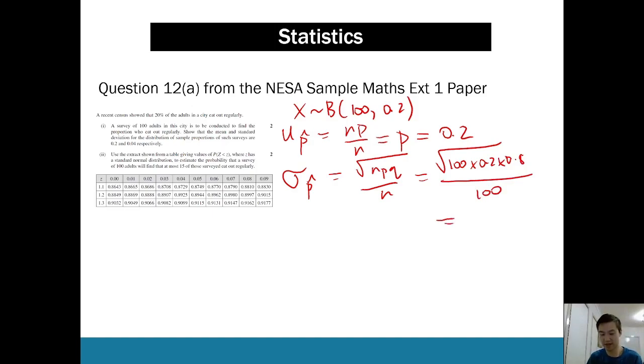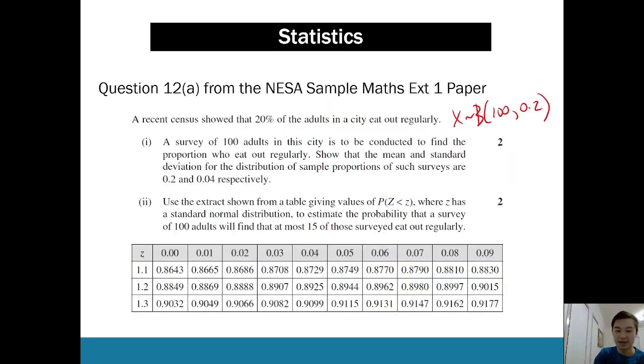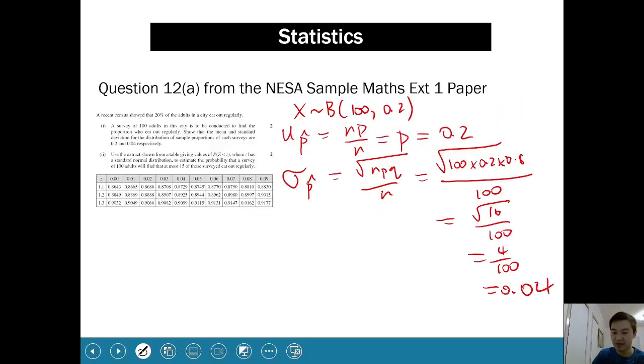That's root 16 over 100, which is 4 over 100, which is 0.04. So therefore, we've shown that the mean and standard deviation of the sample proportions is 0.2 and 0.04 respectively, as required.